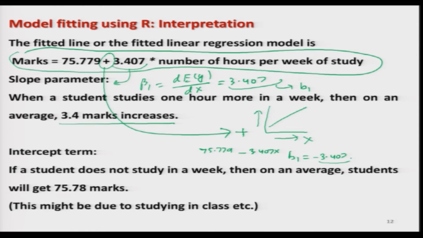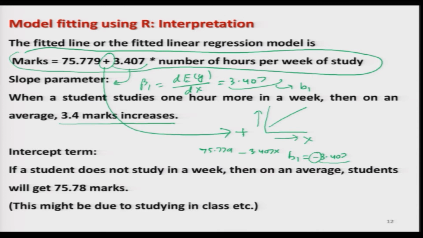But since there is a negative sign here, the marks will decrease. So, you are saying that if a student studies more, then the marks will decrease, which is really not possible if a student is studying honestly.